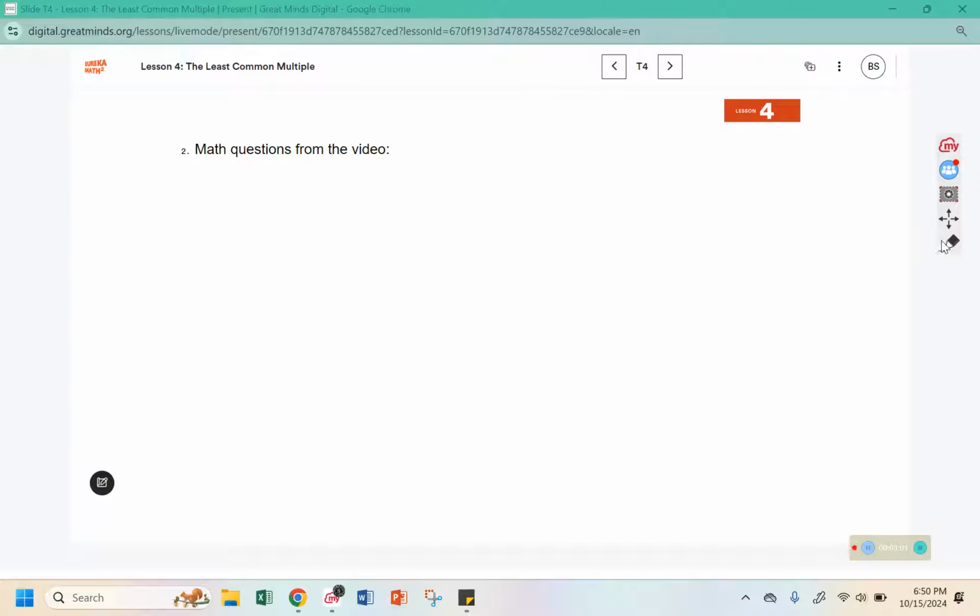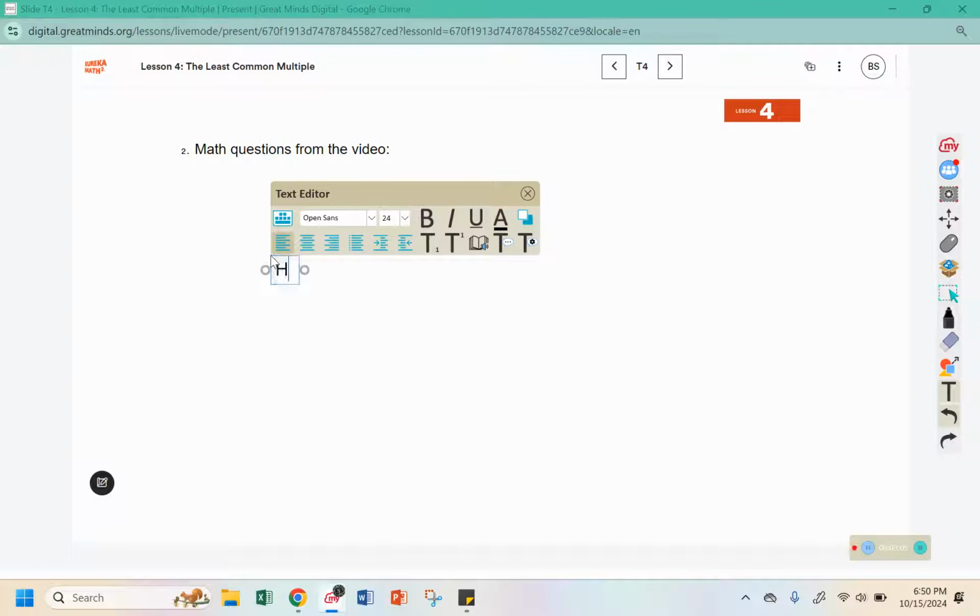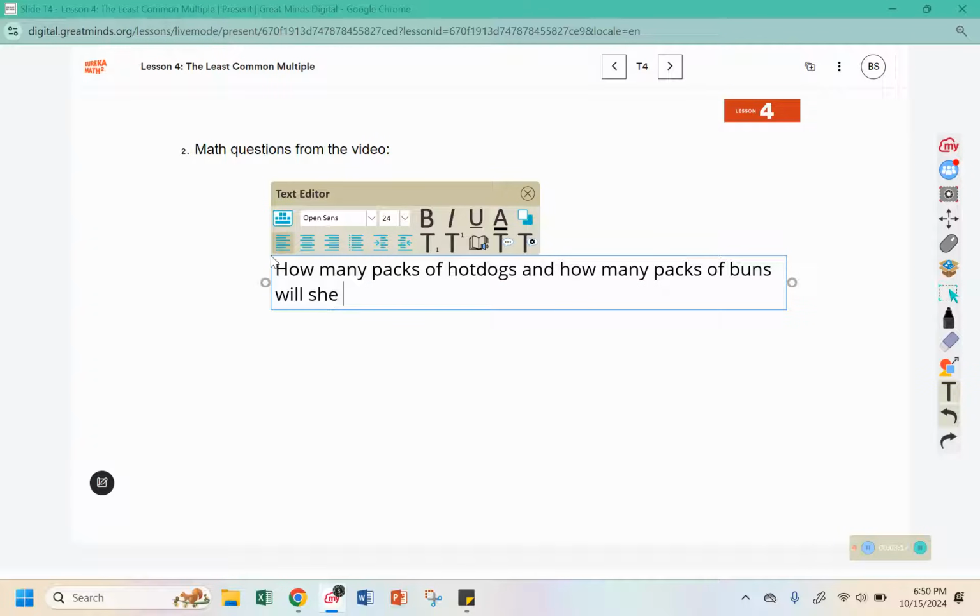So the question that we're trying to answer is how many packs of hot dogs and how many packs of buns will she need for each hot dog to have 1 bun?